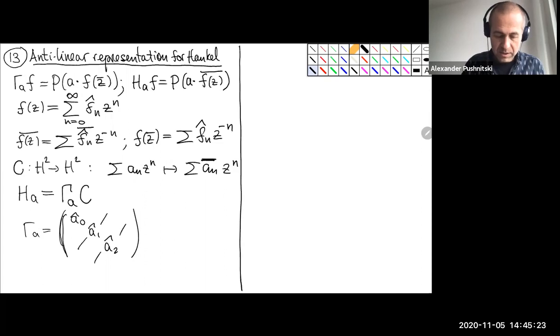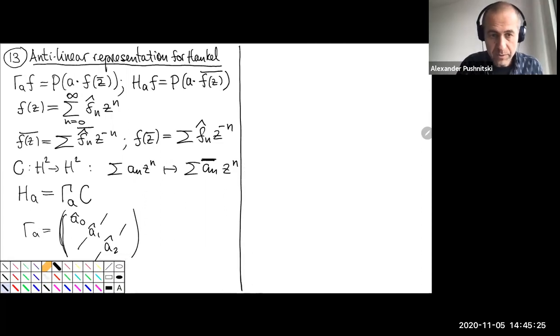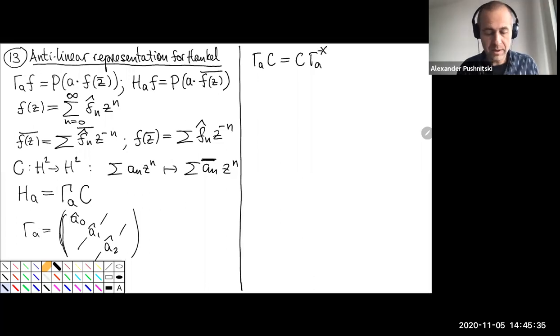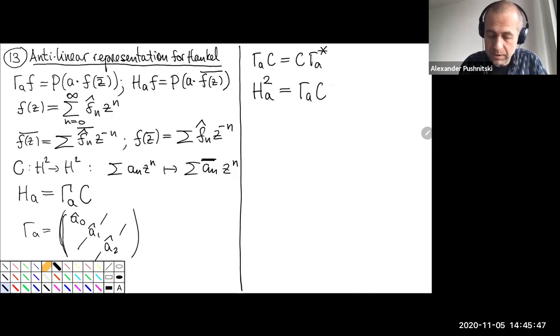So using this, it is straightforward to see that we have this relation, okay? And so it's important from here that the square of this antilinear operator, I can write it like this.